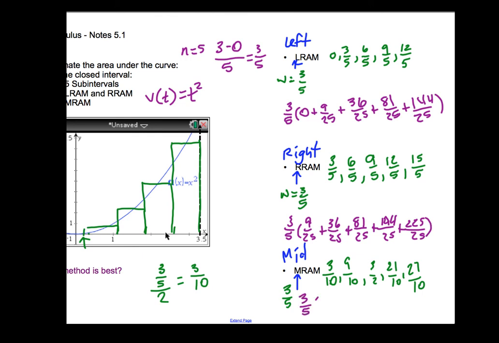And then our very last one, we're going to take that 3/5, and this time it's a whole different slew of numbers, because we're squaring different things. So this is going to be 9/100 plus 81/100 plus 9/4 plus 21 squared, which I've forgotten, 441/100, and then 27 squared over 100, 729.